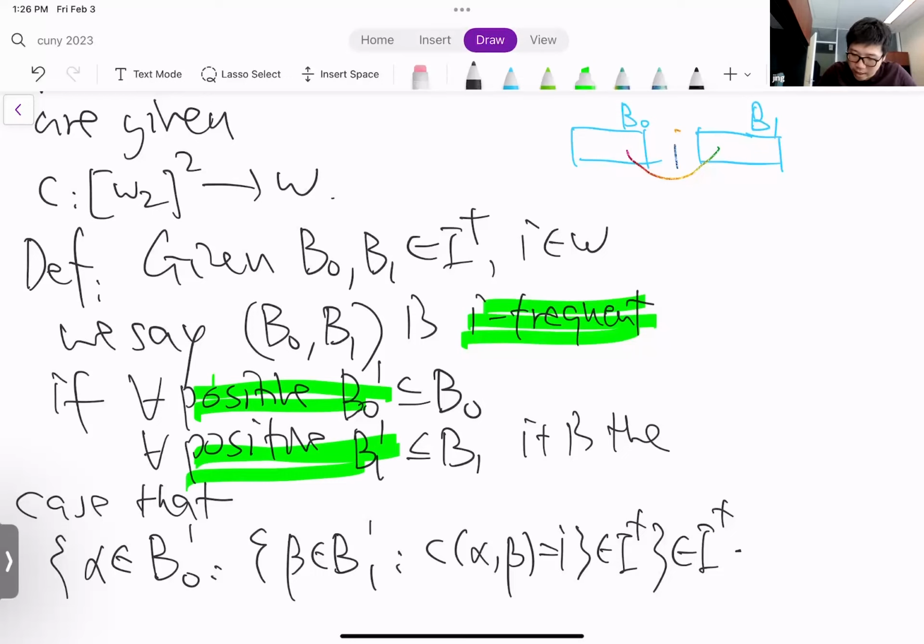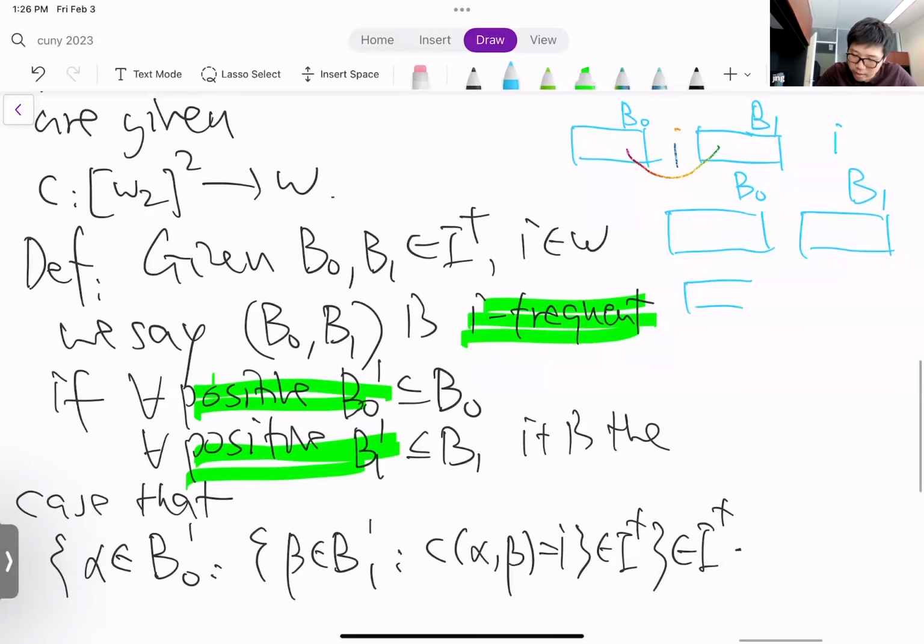So let's draw what it means. Suppose you're given B0, you're given B1, and we say it's I frequent, so I is given. It means that whenever you shrink to a positive subset B0 prime, and you shrink to a positive subset B1 prime, however you shrink, you can still find many edges going from B0 prime to B1 prime.